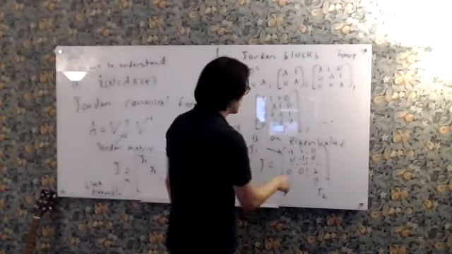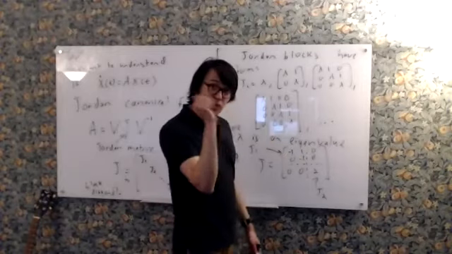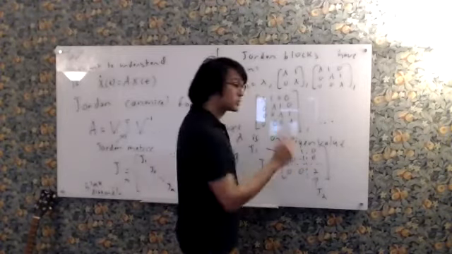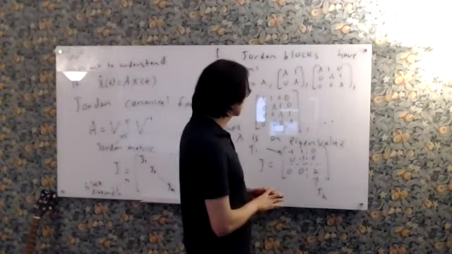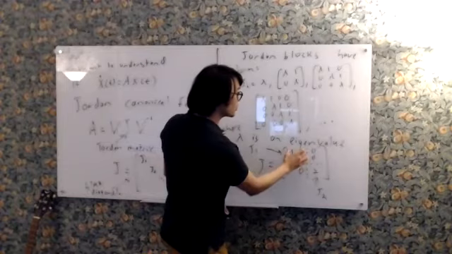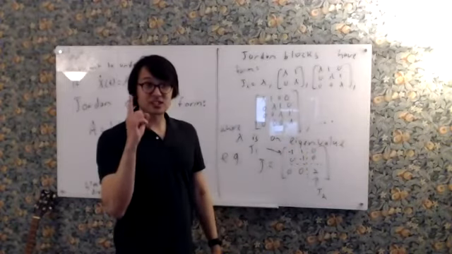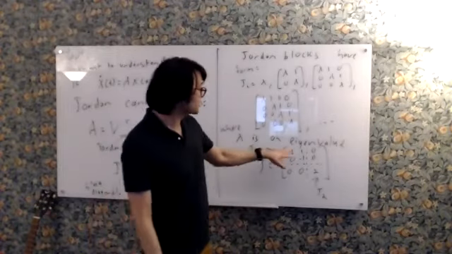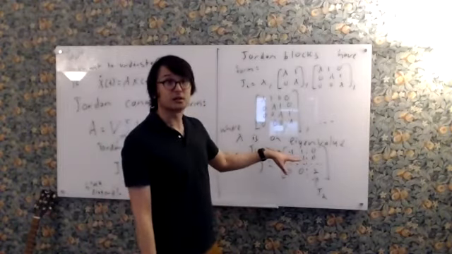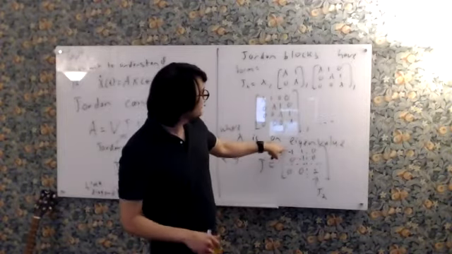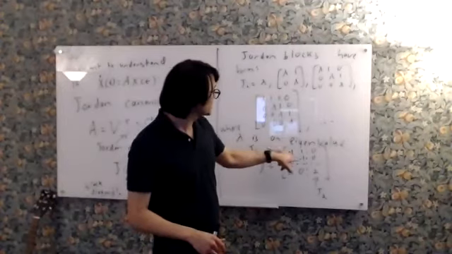And -1, because it shows up twice, has algebraic multiplicity 2, and 2, because it shows up once, has algebraic multiplicity of 1. And because we have this non-trivial Jordan block here, the number of Jordan blocks corresponding to a particular eigenvalue tells us its geometric multiplicity. So in particular, this -1 has geometric multiplicity 1.